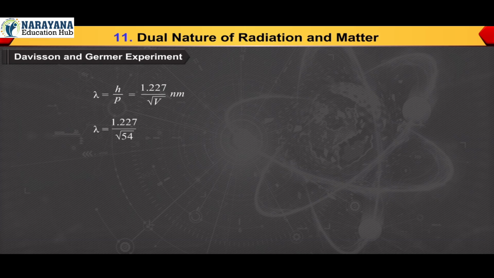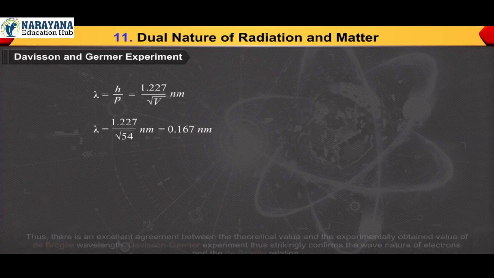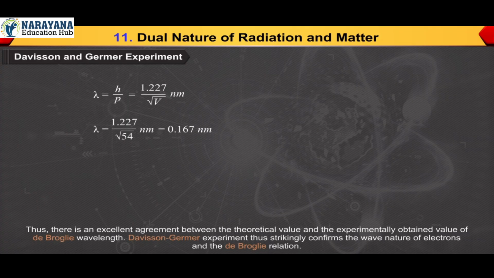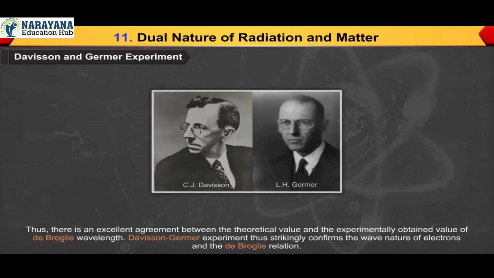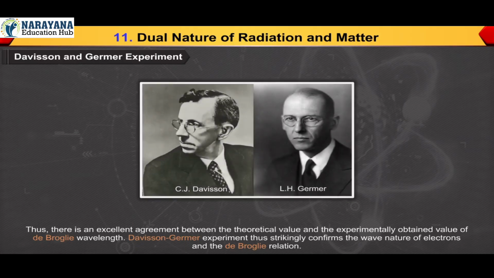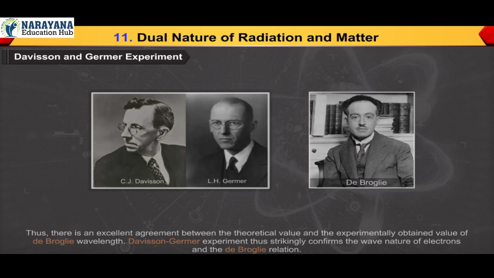Therefore, lambda = 1.227/square root of 54 nanometer = 0.167 nanometer. Thus, there is an excellent agreement between the theoretical value and the experimentally obtained value of the de Broglie wavelength. The Davisson-Germer experiment thus strikingly confirms the wave nature of electrons and the de Broglie relation.